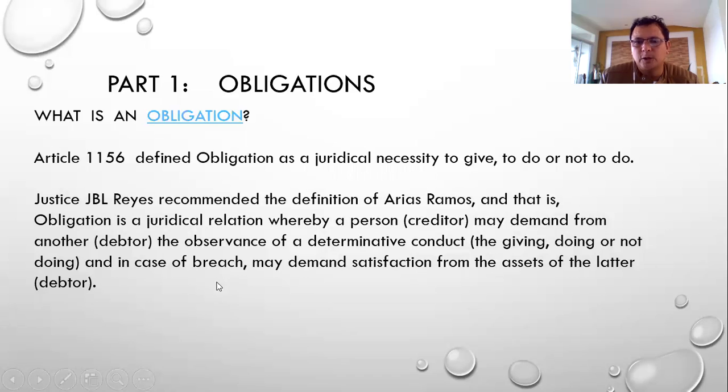And in case of breach, so breach is the non-observance or non-compliance of the terms and tenor of the contract or the agreement. So in case of breach, the creditor may demand satisfaction from the assets of the debtor. So if the debtor has assets, then he may recover damages from the assets.